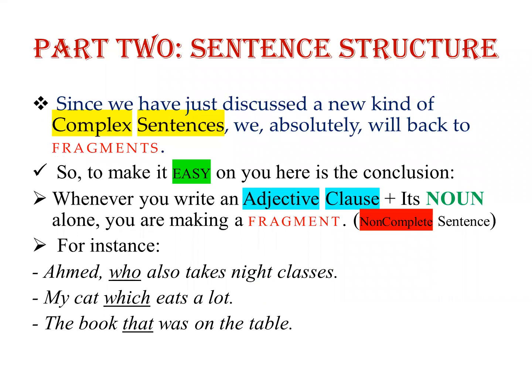Okay, right now we have just discussed complex sentences again, and we said that we have an adjective clause and an independent clause, and when we compose them together, they create a complex sentence. Before this, we discussed complex sentences and adverb clauses that include subordinating conjunctions, such as since, because, when, and while.